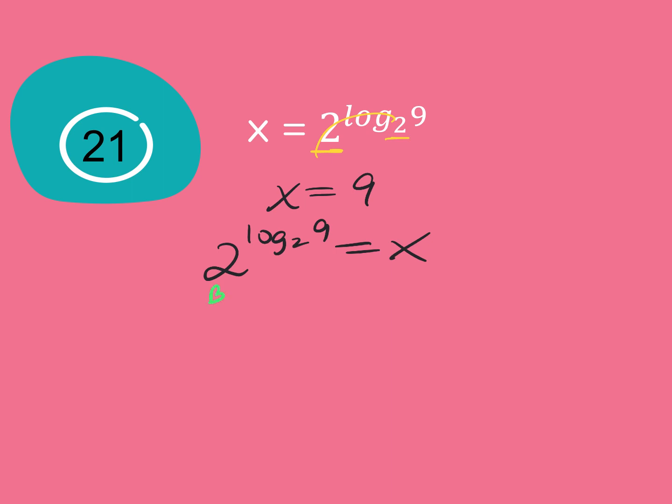This is the exponent here, and this is the answer. So if we do log base 2 of x equals log base 2 of 9, notice the log base 2's cancel, and same answer, x equals 9. So if you see number 22.